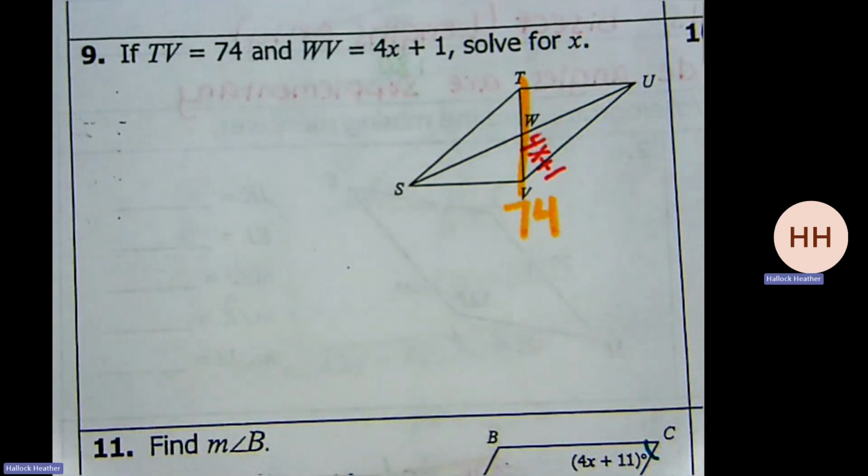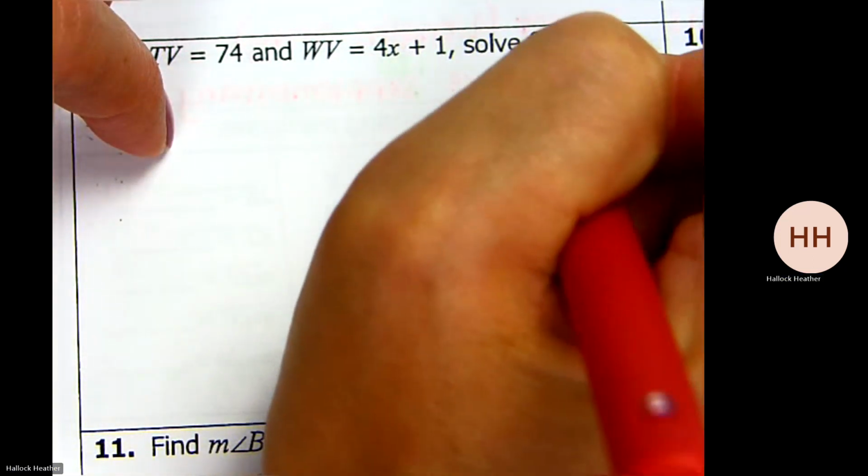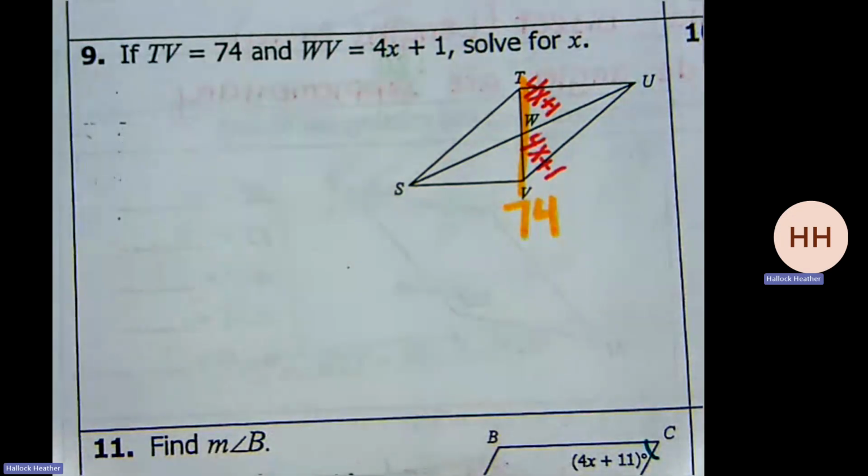Does anybody know where else maybe I can put something? Where else could 4x plus 1 go? The other side, because it's a diagonal, so it's splitting. So 4x plus 1 can also go here.